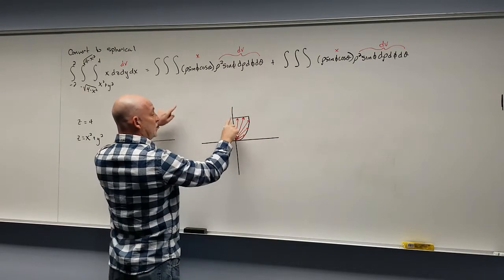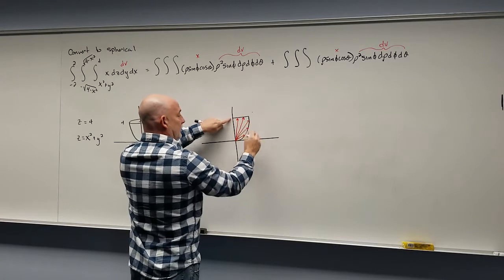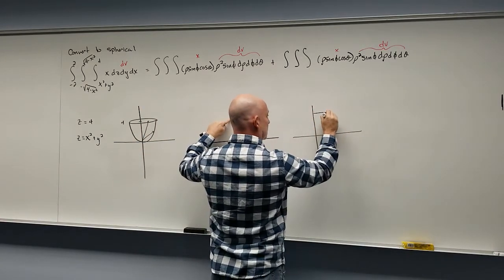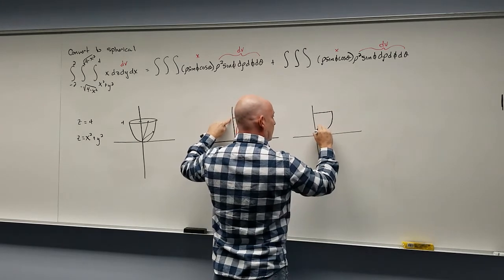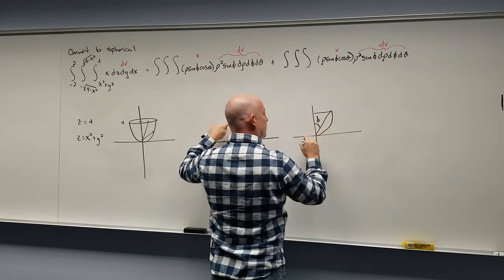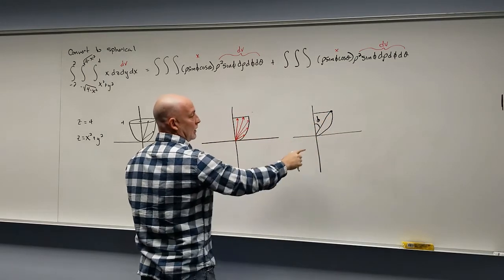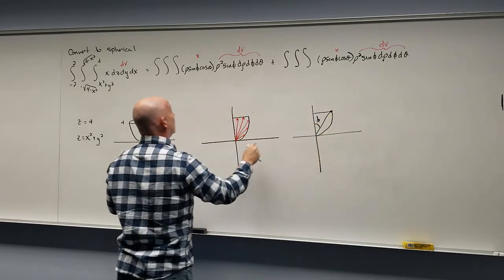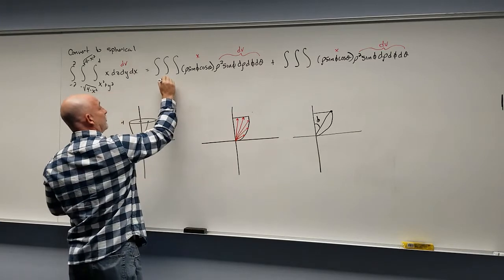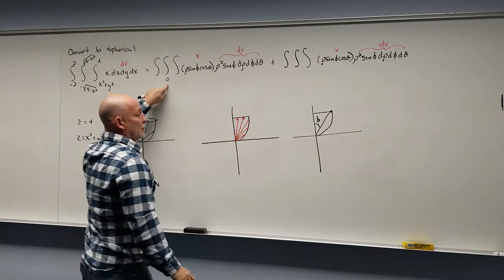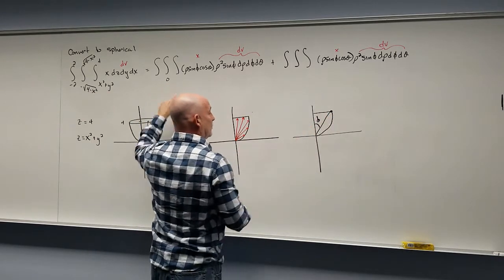So from phi equals 0 to whatever this angle is right here, I'm going to draw another picture, same picture. At that angle phi is when we change from the plane to the paraboloid. So let's go from 0 to something. That's going to be phi. Let's see if we can figure out what that angle is.